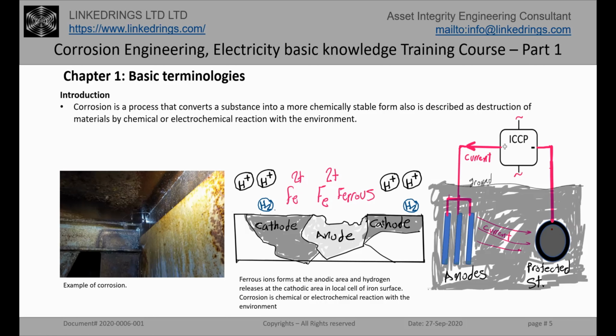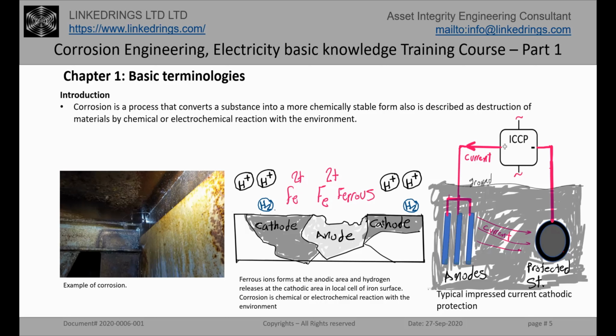Here we can see a typical schematic diagram for impressed current cathodic protection, in which the protected steel, like protected steel underground, is receiving a current, which we call protective current, from the anodes.